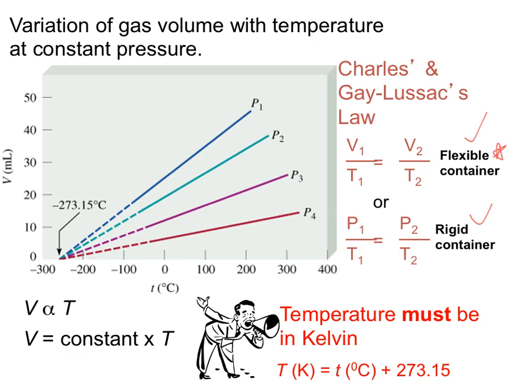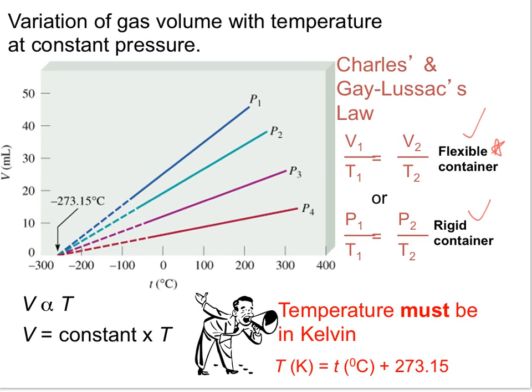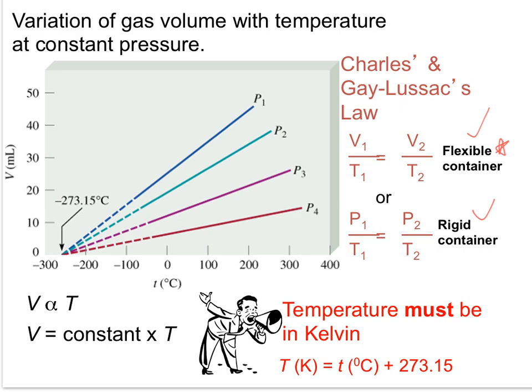We also have Gay-Lussac's law here, and that's actually occurring at constant volume. So what we mean here is that our container is rigid. So if you're carrying out a reaction in, let's say, a bomb calorimeter or something that is a closed system, that would be a good example of a rigid container.